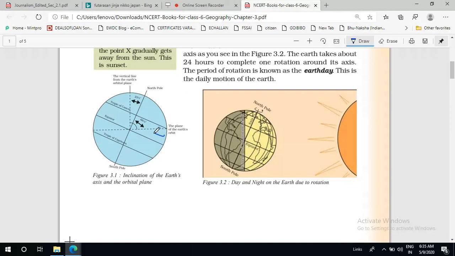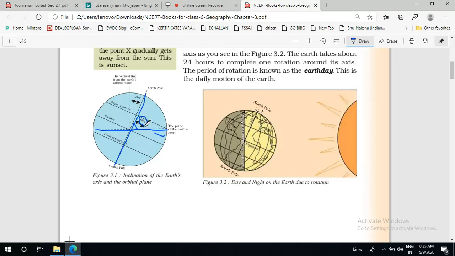You can see this is the orbital plane, the plane of the earth's orbit, and this is the axis which is passing through South Pole and North Pole. This is the axis of the Earth, and you can see this axis and this orbital plane are making an angle of 66 and a half degrees.